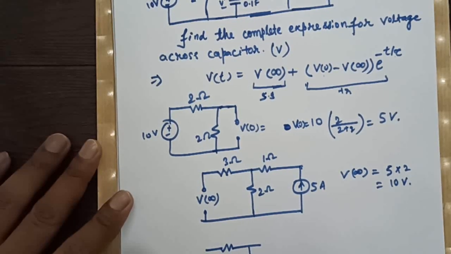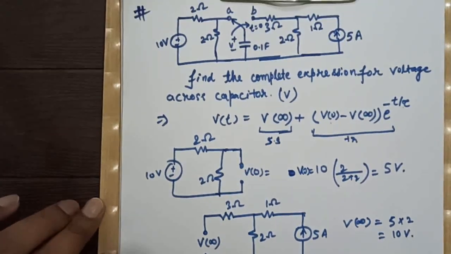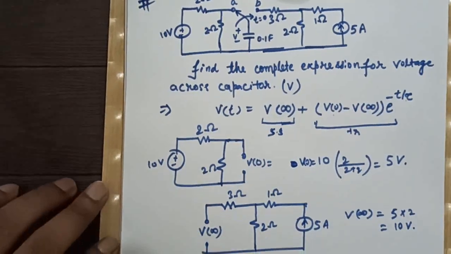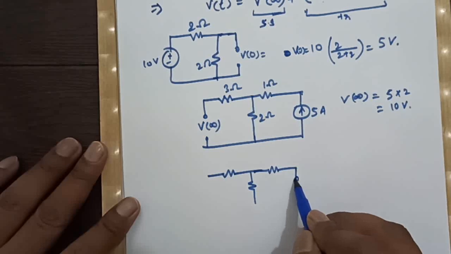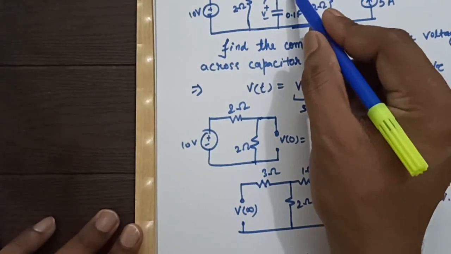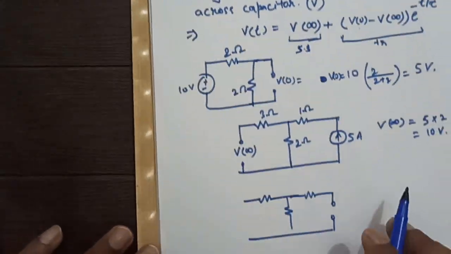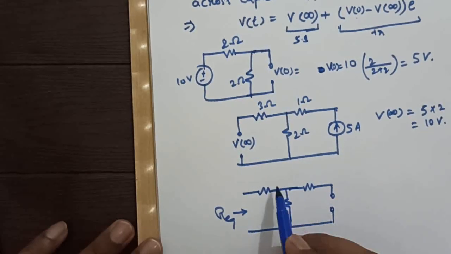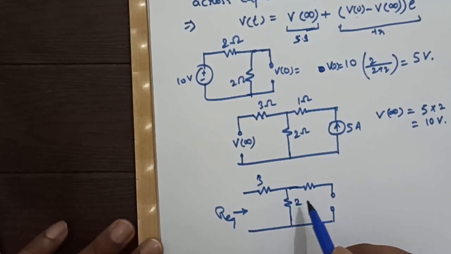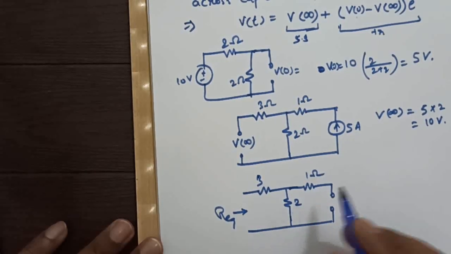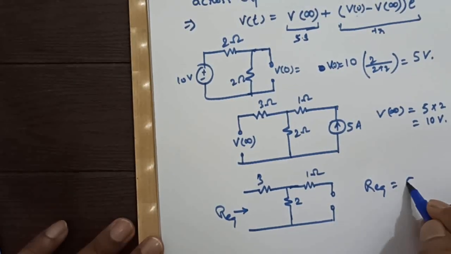A resistor will be there, this resistor will be there, this resistor will be there, and this current source will get replaced by open circuit, right? And across this terminal capacitor was there, so we have to find the R equivalent. This is 3 ohm, this is 2 ohm, this is 1 ohm. This has no significance as there no current will flow through this, so our R equivalent is what?